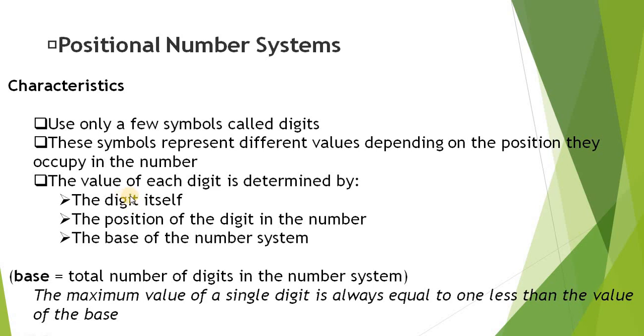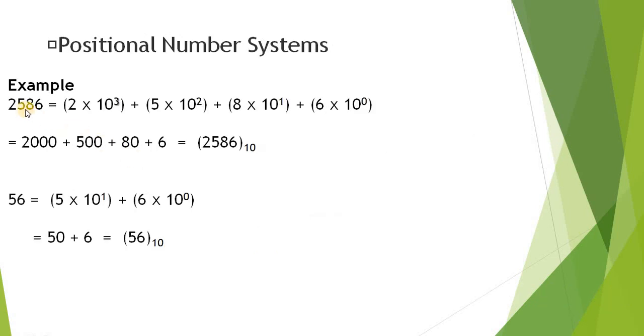So we discussed these three things. The value of each digit is determined by the digit itself, the position of the digit in the number, and the base of the number system. Here we have 5, and here also we have 5. But what is its value?